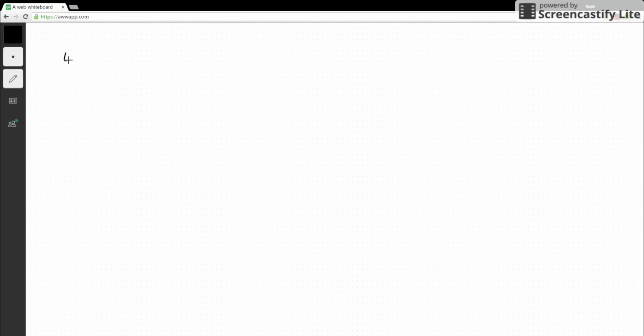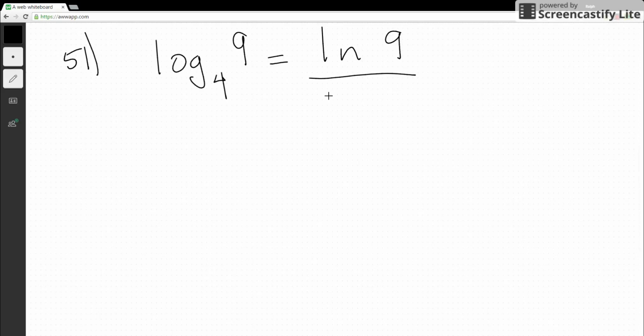Right, moving on to number 51. Number 51 is saying use change of base. So I basically have log base 4 of 9. I want to get a decimal approximation on this. I'll use the ln for this first one, and then enter that in my calculator.